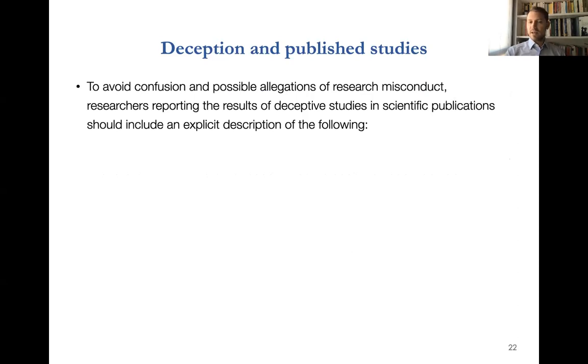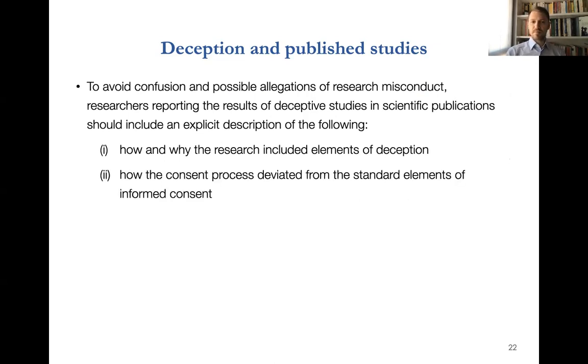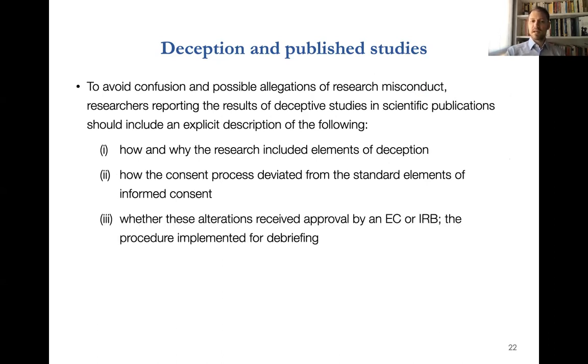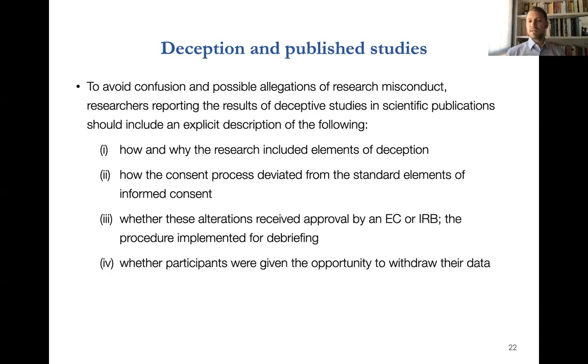Instead, to avoid any confusion and possible allegations of research misconduct, researchers reporting the results of deceptive studies in scientific publications should include an explicit description of the following points: how and why the research included elements of deception, how the consent process deviated from the standard elements of informed consent, whether these alterations received the approval of an ethics committee or IRB, and the procedure implemented for debriefing, and whether participants were given the opportunity to withdraw their data.